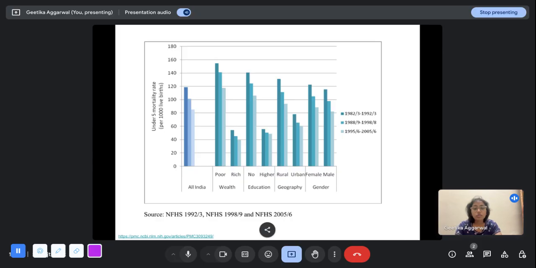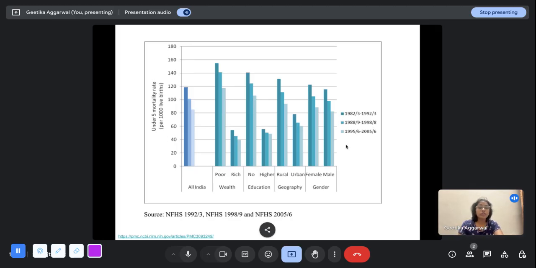So moving on to some of these statistics, we'll see how there is a bias that exists in how people get treatment. You look at this graph here, on the y-axis they're talking about the under 5 mortality rate per 1,000 live births. So if you have 1,000 live births, what is the under 5 mortality rate?